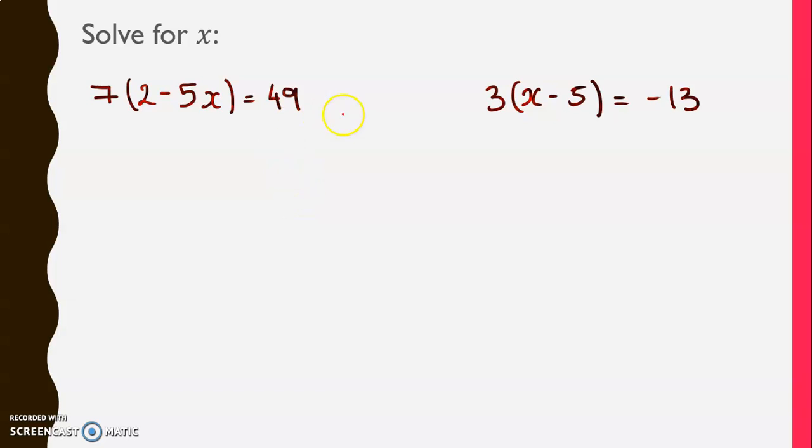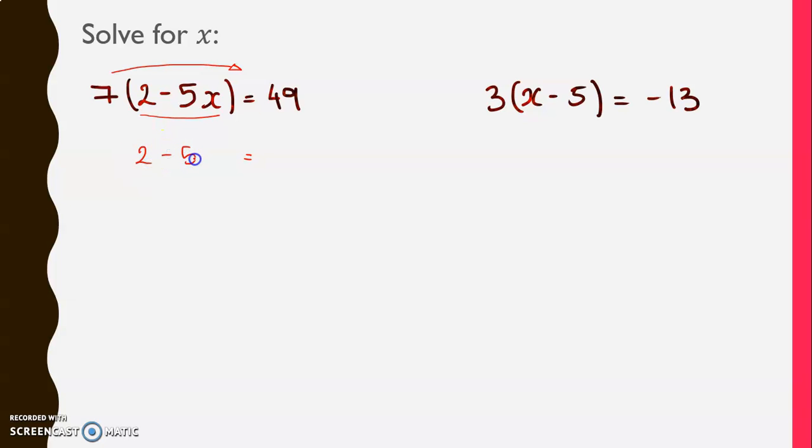Okay, I have 2 more examples here for you. By all means, do pause the video at any point in time, if you want to have a go at these, and then just compare your answers. So here again, as you can see, this 7, 49 divide 7. Okay, that's possible. So if you think about it, here x is being multiplied by 5, then you take away 2, and then this answer, whatever the bracket is, is multiplied by 7 to get 49. So we could actually move this 7 to the other side and avoid this complication of expanding the brackets.